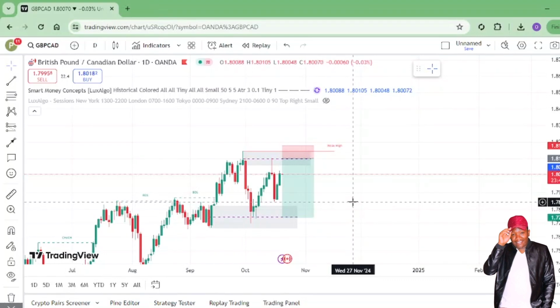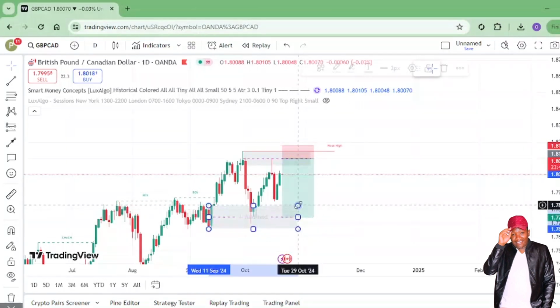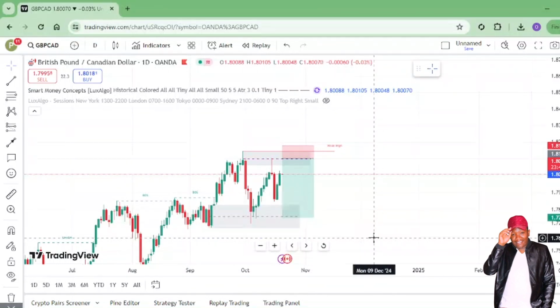You've heard people talking about sniper entries and sniper exits. That's how you do it. You mark using a rectangle, and make sure your rectangle is divided into two. Dividing your rectangle into two gives you a line in between, and on that line is where you put your pending order.